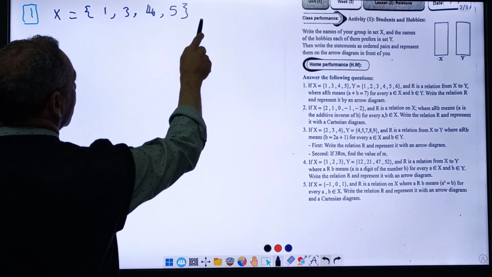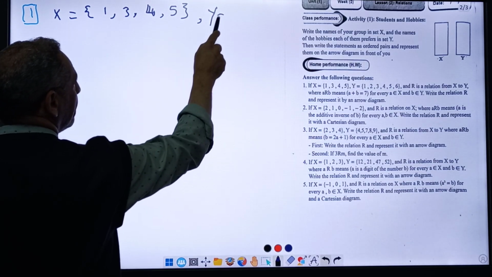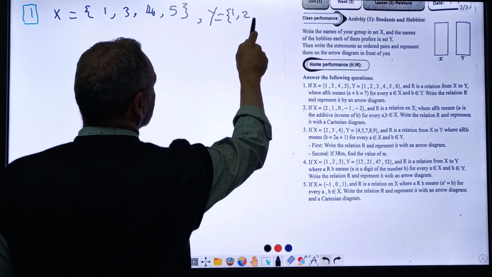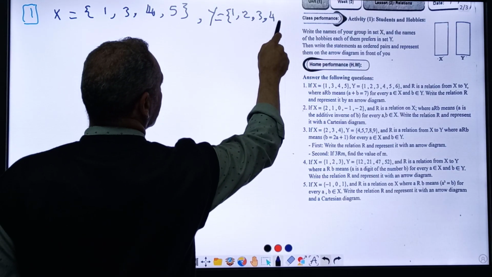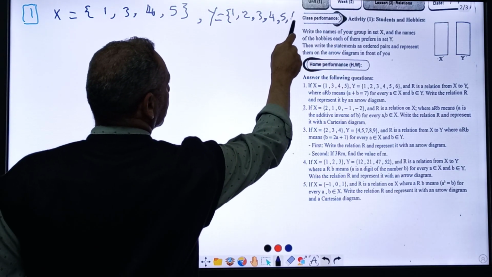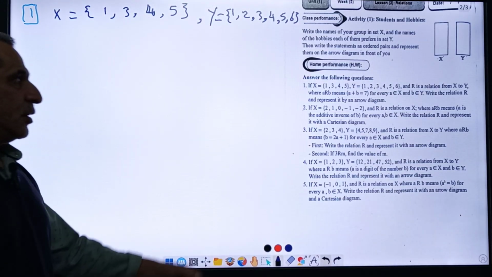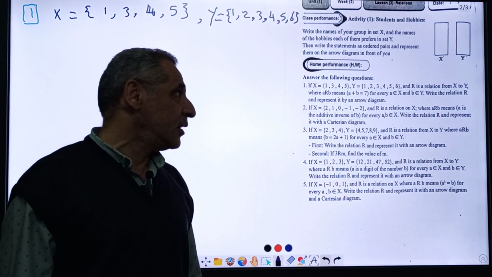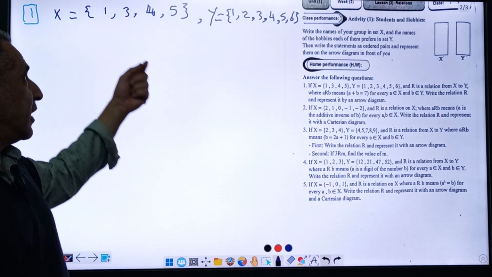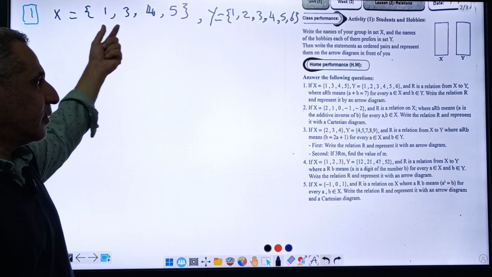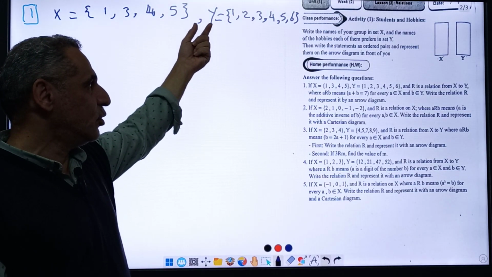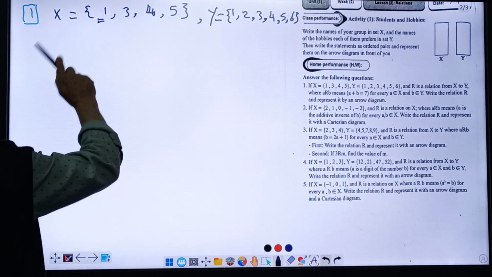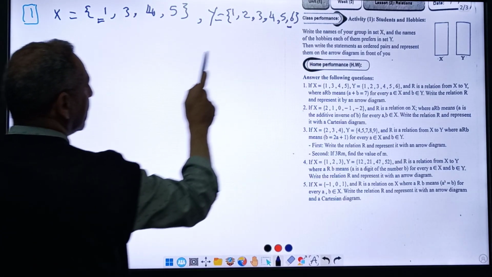Y, the set of elements 1, 2, 3, 4, 5 and 6. Now I have the relation a R b means a plus b equals 7. That means the first element, belonging to X, plus the second element, belonging to Y, equals 7. So 1 plus 6 equals 7.